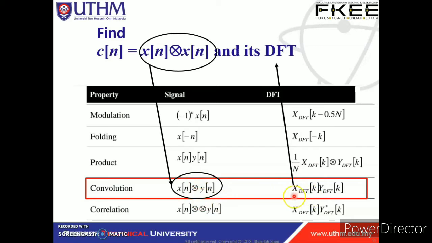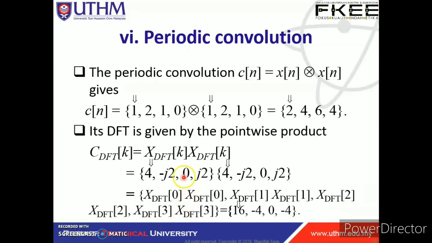For the DFT it is easy, since we just need to calculate the multiplication of x DFT k with x DFT k. We just multiply the DFT at the same k. For example, x DFT at k equals 0 with x DFT 0, x DFT 1 multiplied with x DFT 1, x DFT 2 multiplied with x DFT 2, and lastly x DFT 3 multiplied with x DFT 3.